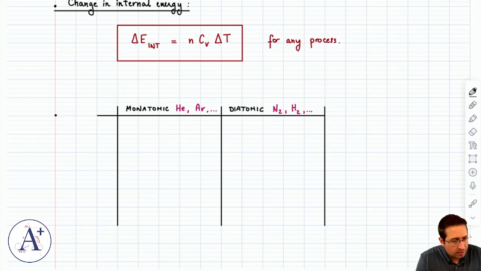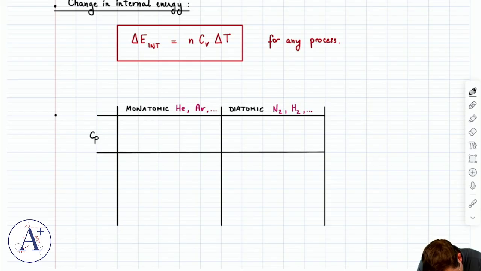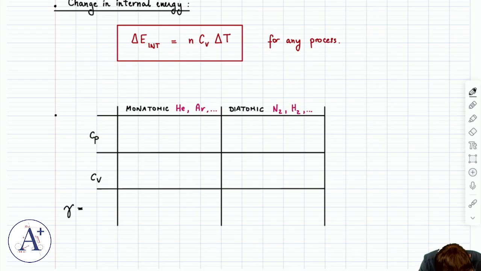Okay, so then we need to have one row that's going to be Cp. That is going to be the specific heat at constant pressure. Cv is the specific heat at constant volume. And gamma, by definition, is Cp over Cv. And what does gamma measure? Doesn't matter. Nothing. In fact, it measures how much bigger Cp is relative to Cv.